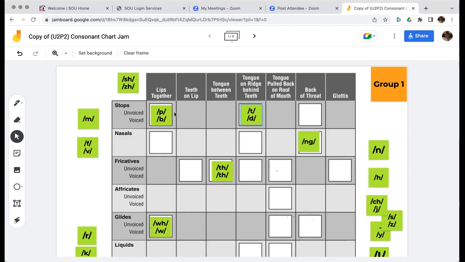And is it a puff of air, a stop, or is it a fricative, continual? Based on the notes that I took earlier, I'm going to go with the fricative continual. Okay, so we're going to put it down here. Do you see how even for us as adults, this can be a really helpful review, organization, thinking-through activity?